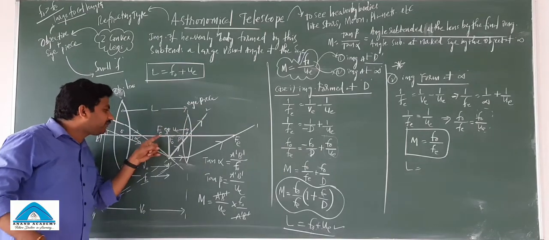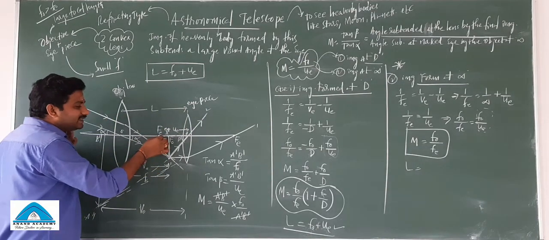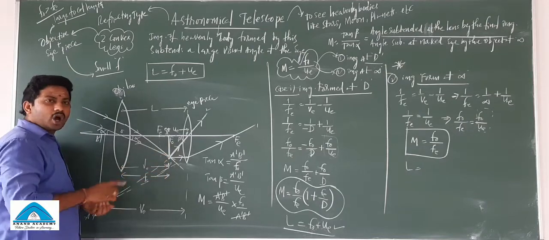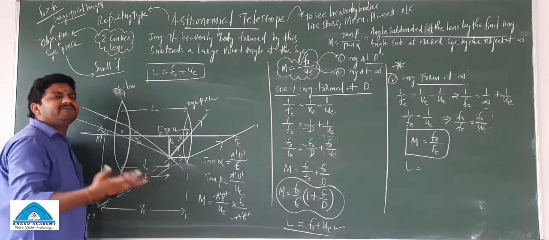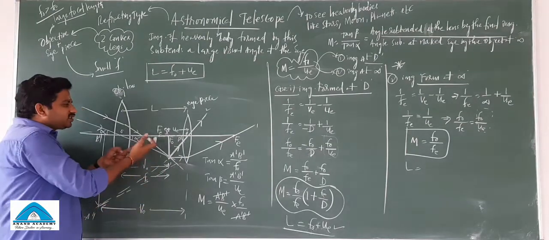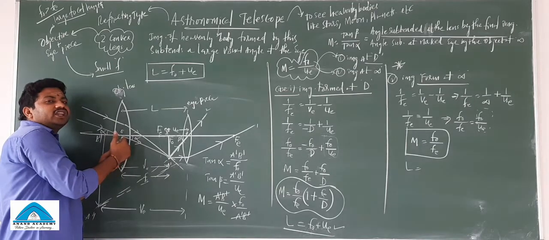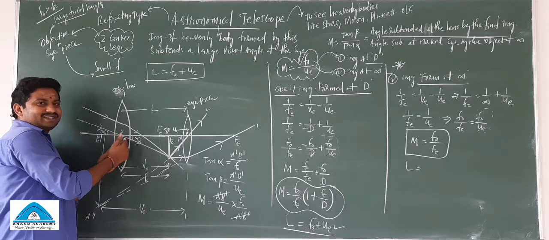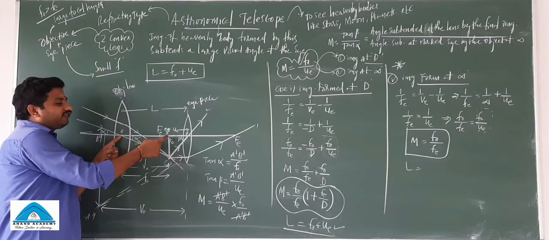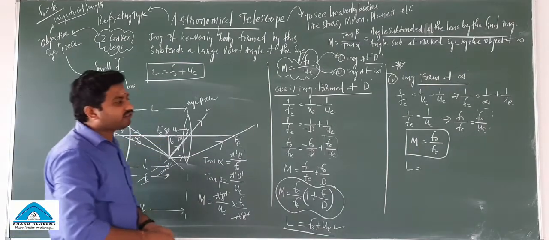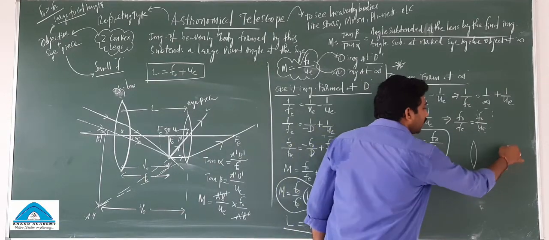So I have kept the object at the principal focus, at Fe. This is the object, and we got it from the image of the objective lens. So the image of the objective lens will form at Fo. Understand? This is a rough diagram I wanted to show here. Try to understand.